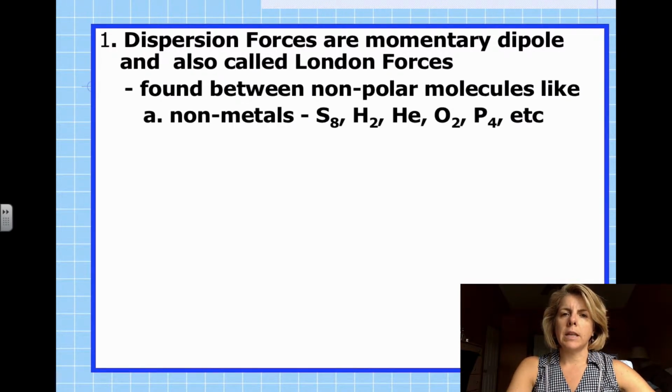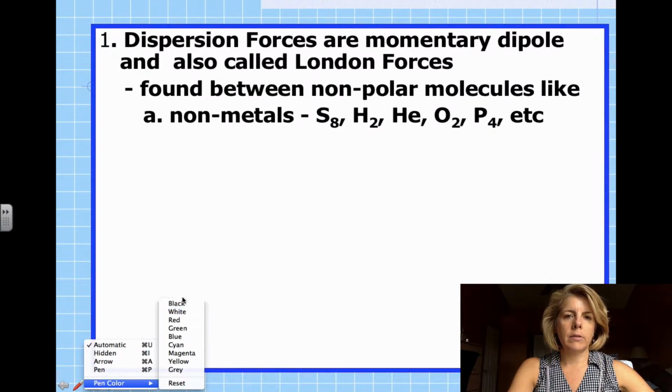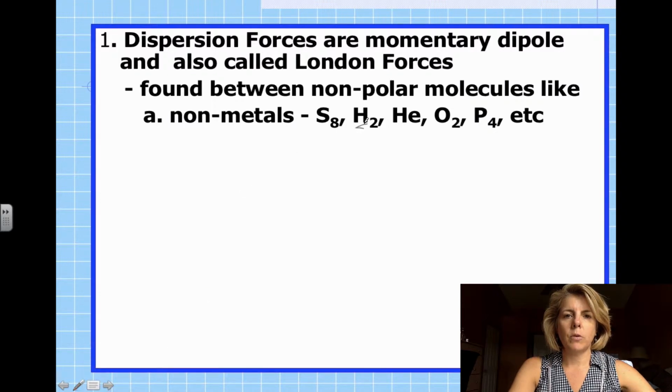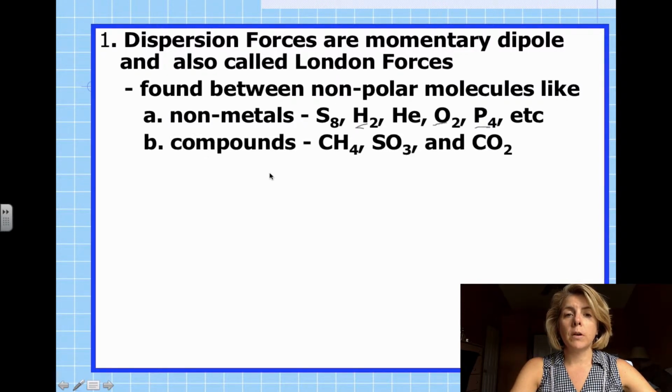You may see it in nonmetals. So notice that we're talking about essentially bonding to the same atom, like H2, O2, P4, okay? These are all nonmetals, and there's no real electronegative difference, so they're considered nonpolar. You can also have compounds like CH4.